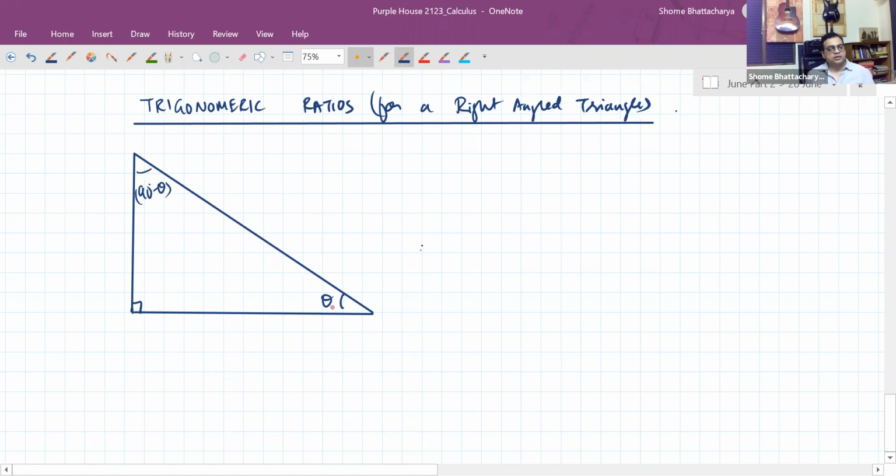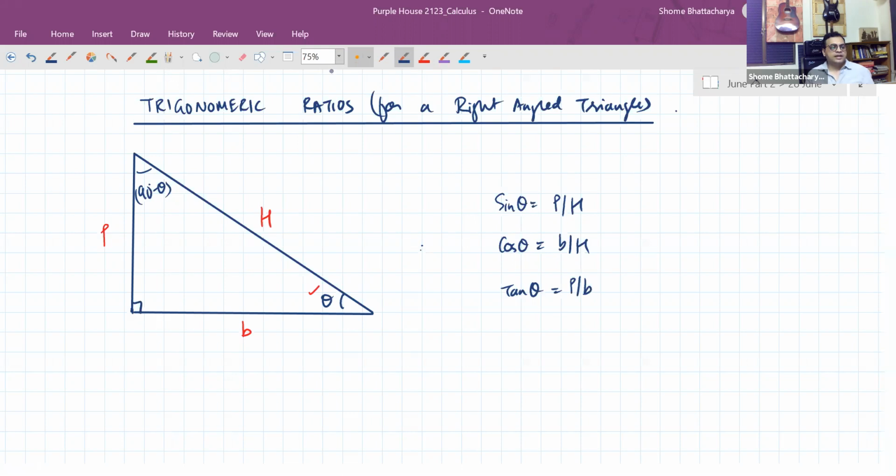If we are taking theta as our reference angle, then the side opposite to theta is called the perpendicular. The side adjacent to theta is called the base. And the third one is called the hypotenuse.